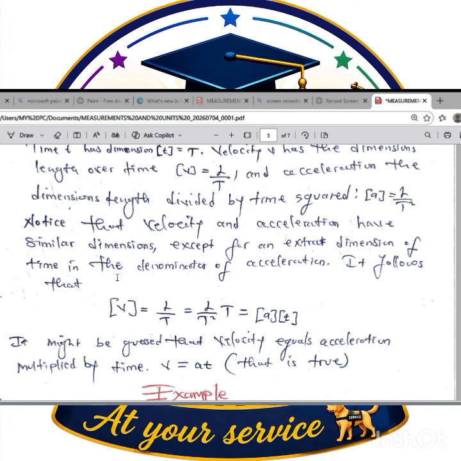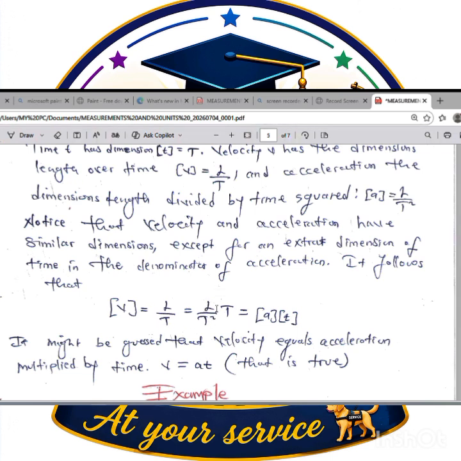So it follows that v is equal to L over t. Then you have expressions like this one, where we have L over t squared multiplied by t. This can give us the formula v is equal to a multiplied by t. The dimension L over t squared is representing what?